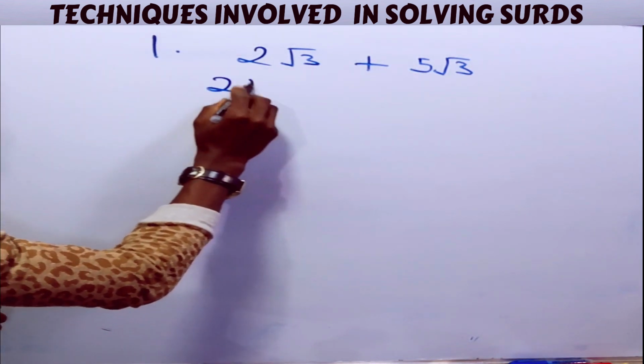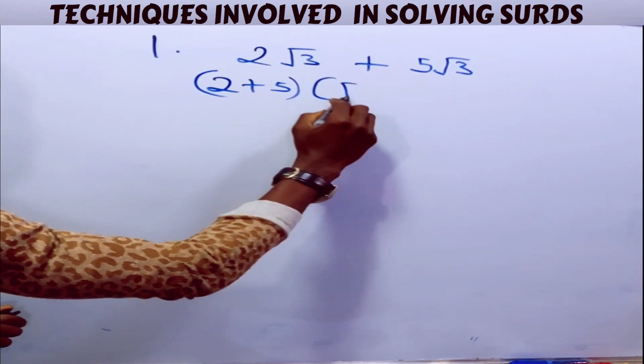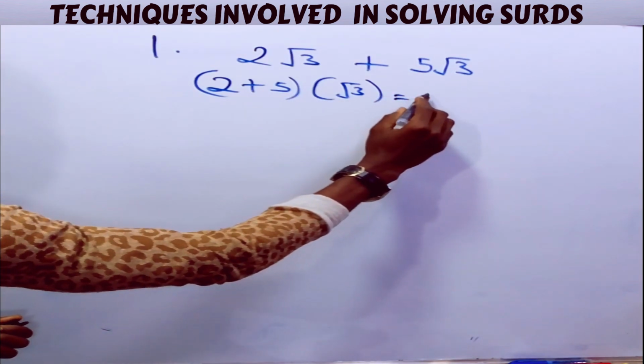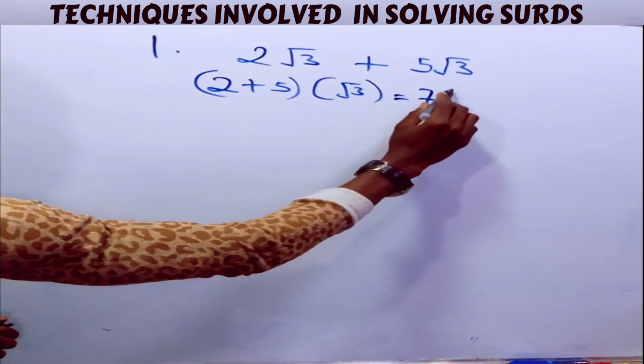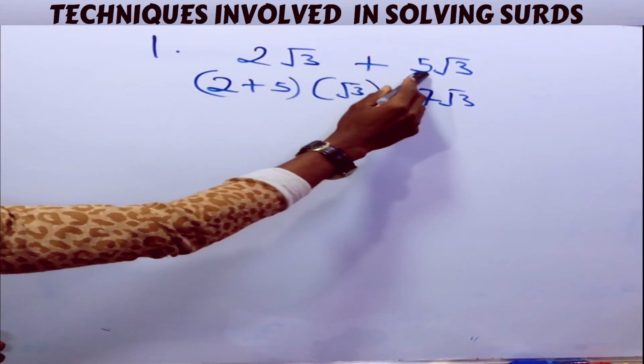So we'll say 2 plus 5 root 3. So 2 plus 5 is simply 7 root 3, which means we add the numbers and pick just one surd.